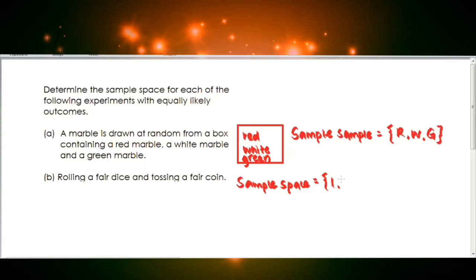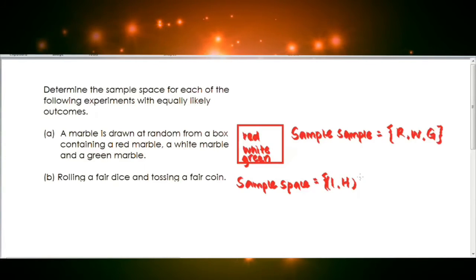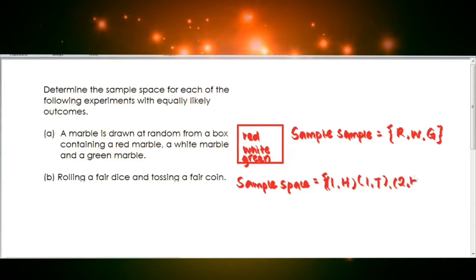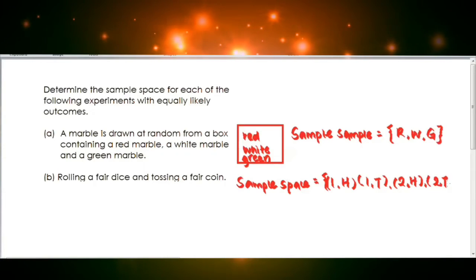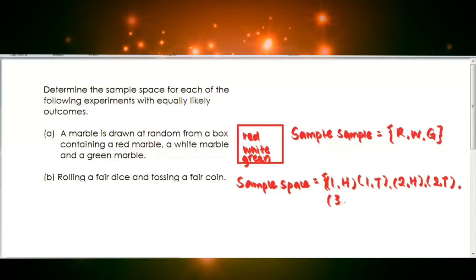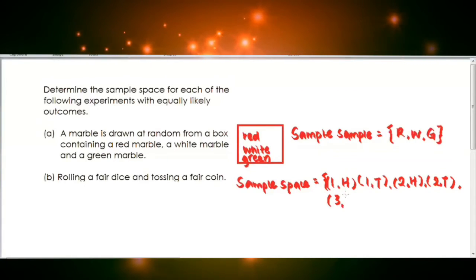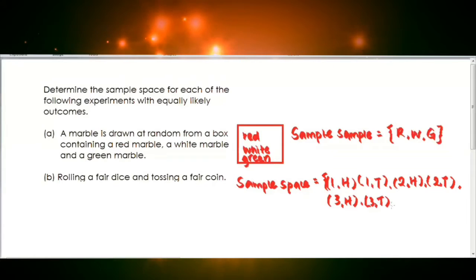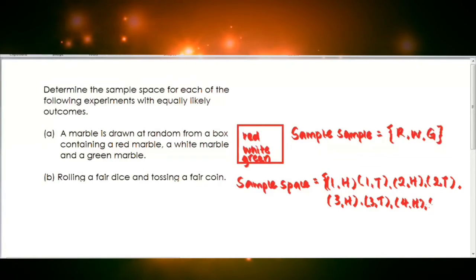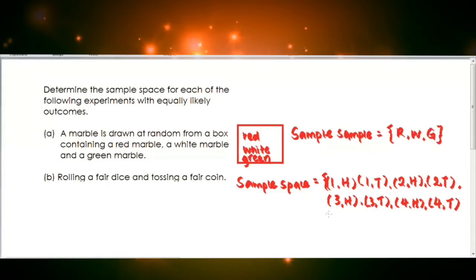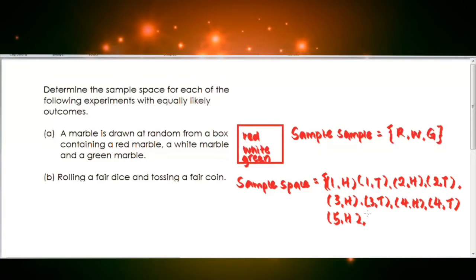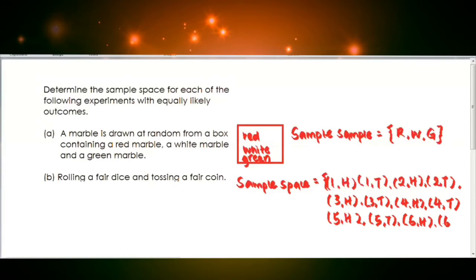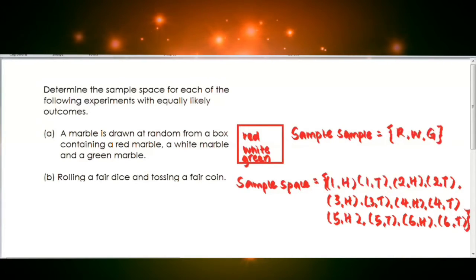Maybe we get 1 and head, 1 and tail, 2 and head, 2 and tail, then 3 and head, 3 and tail, 4, and so on, all the possible outcomes.